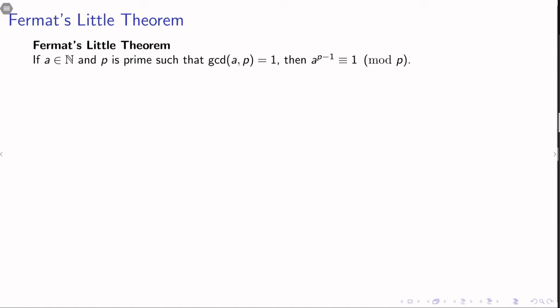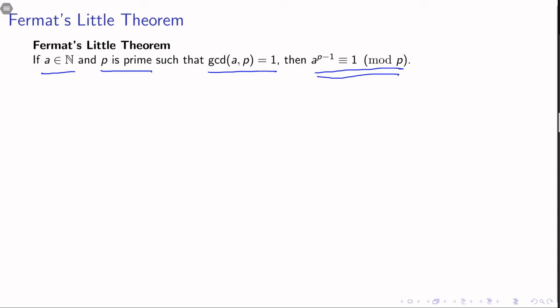For Fermat's theorem, the statement is as follows. If A is a natural number and P is prime, such that they're co-prime or relatively prime, then this congruence holds. So that's the conclusion there.